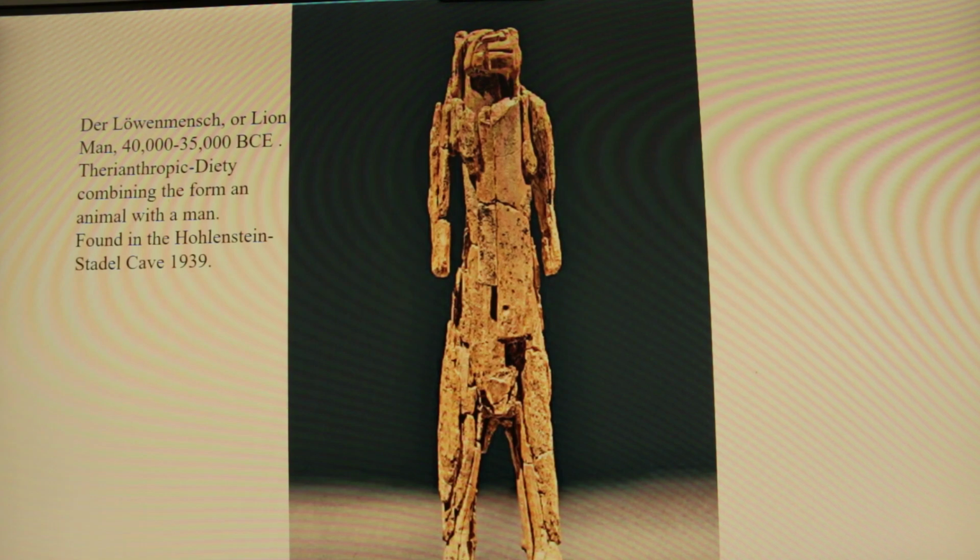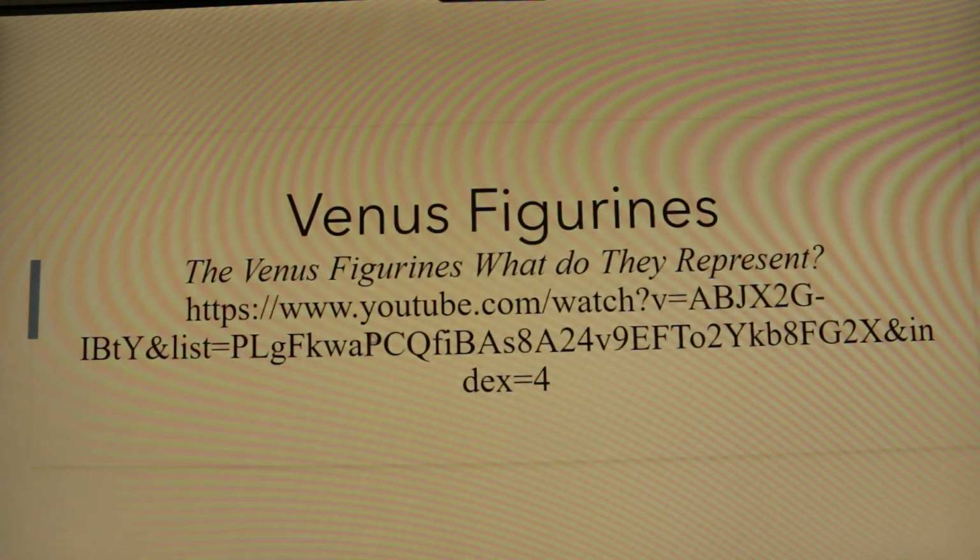When, again, we talk of this period, mostly we concentrate on the Venus figurines. The Venus figurines are a perfect example of how we are naming things from our own perspective.